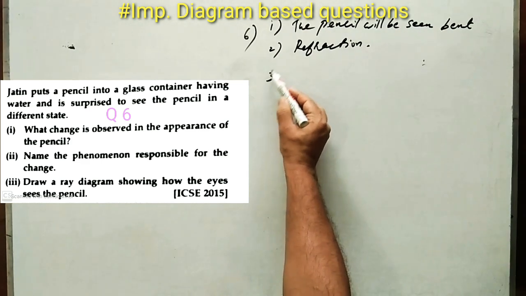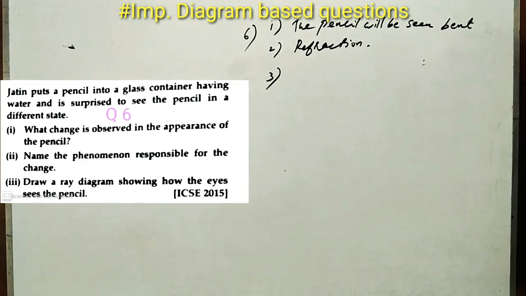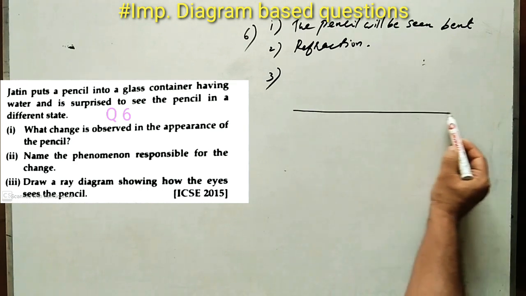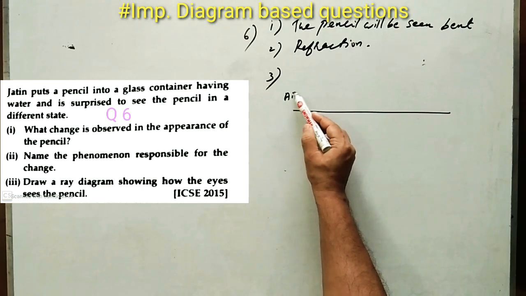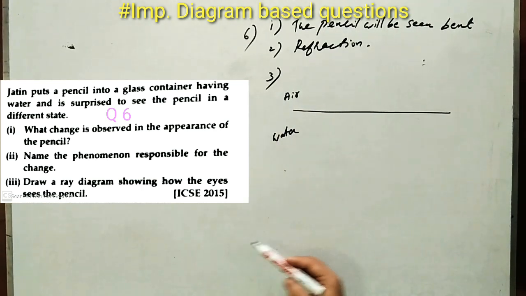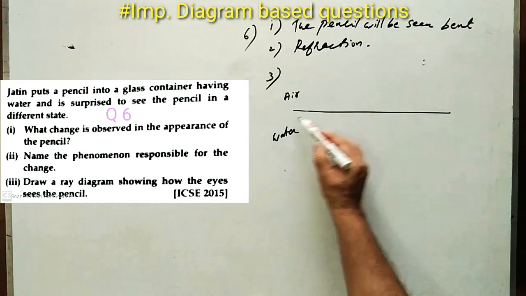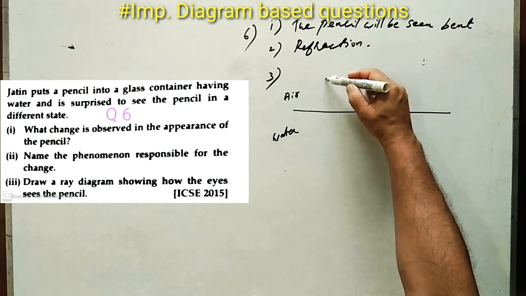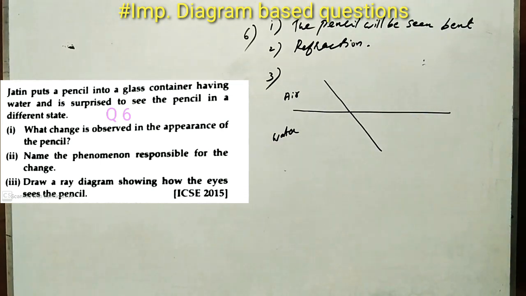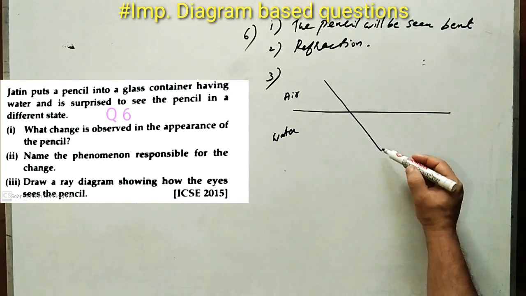And the third part, you have to draw a ray diagram showing how the eye sees the pencil. For that, we will draw the air-water interface. A pencil is kept obliquely in the tumbler of water.